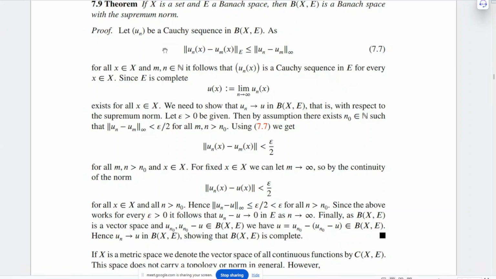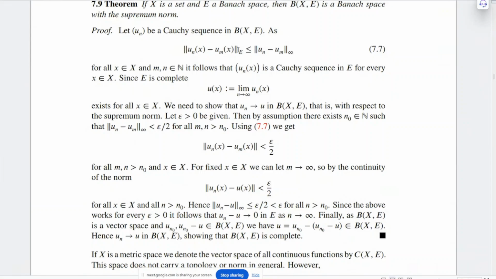So let u_n be a Cauchy sequence in B(X, E). Point-wise values are bounded by the norm. So the norm of u_n(x) minus u_m(x) in E, the point-wise norm, is bounded by the norm in the infinity norm. Now this is independent of x.